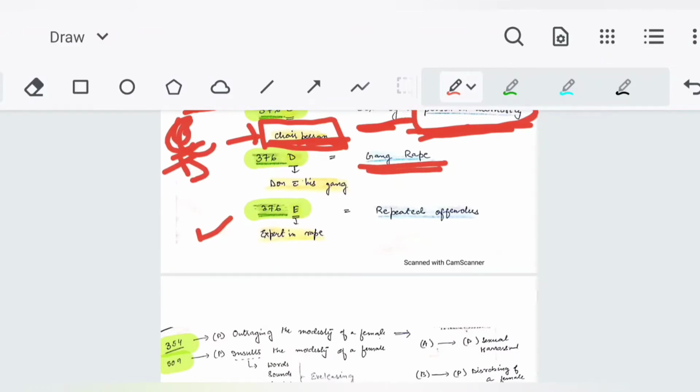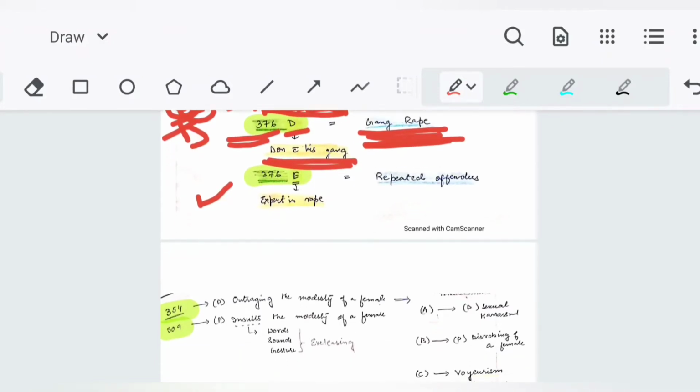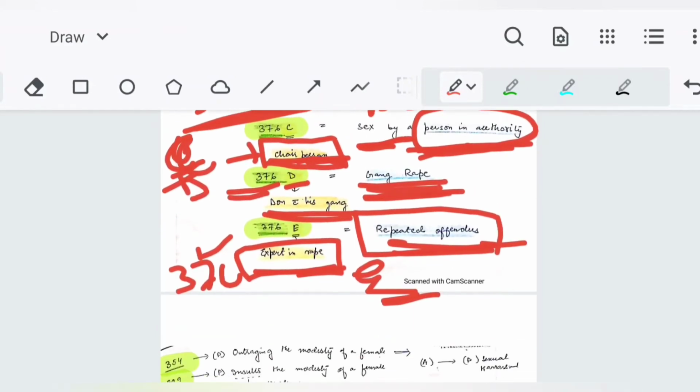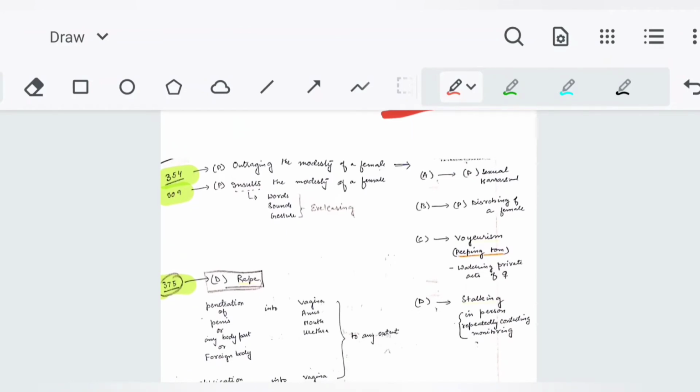So we can say Don with his gang will be D. 376D is gang rape. Okay. And 376E is repeat offenders. Okay. So expert in rape, that is E. These are only for mnemonic purposes. These are not meant to mean anything. So just for helping you remember, we have made these mnemonics. So E is expert in rape, that is repeated offenders. Okay. Now coming to the punishment.